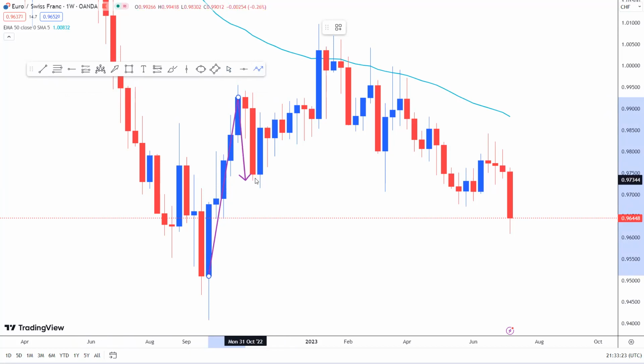Then we add the higher low right here. Then we add this higher low, and then this higher high.